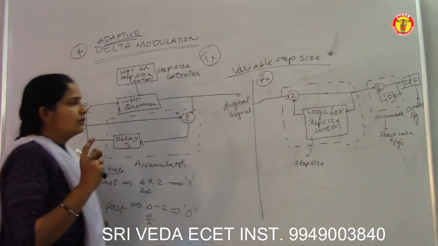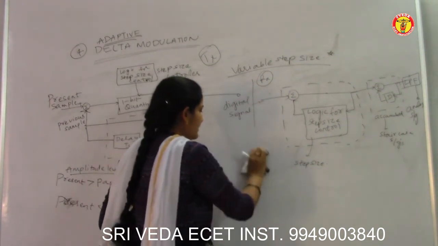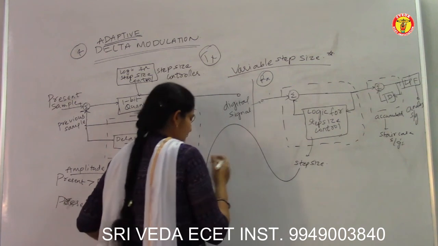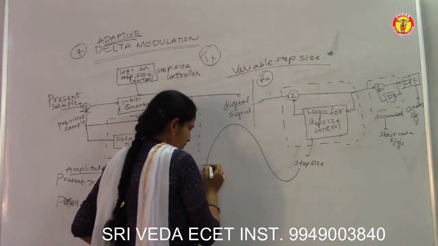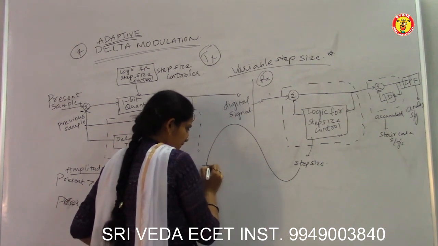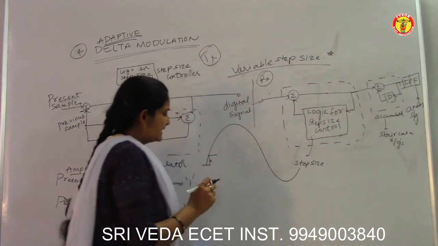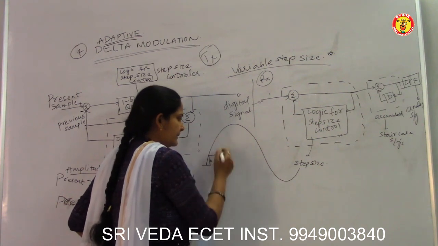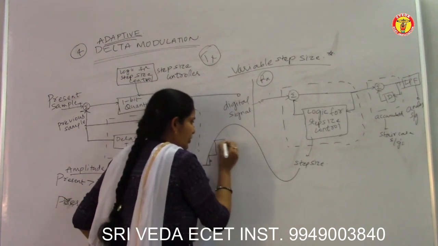Now we will see, if this is my message signal, how it is able to do this. This is my reference signal 0. As the amplitude is increasing, this is my first step size delta, and as the amplitude increases further, my step size is doubled by using this logic for step size control.